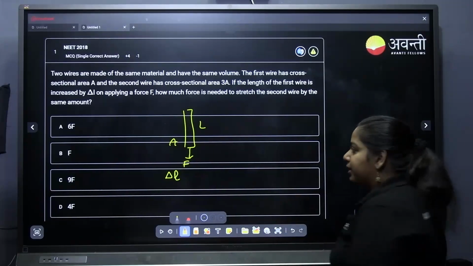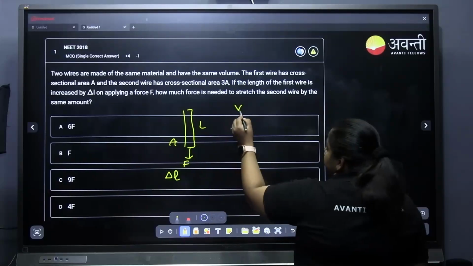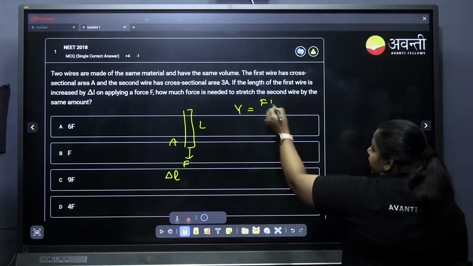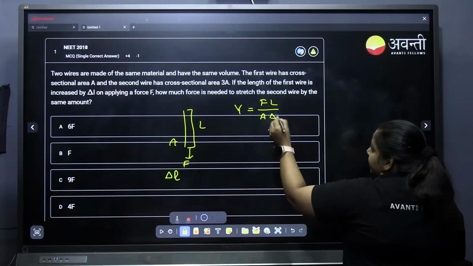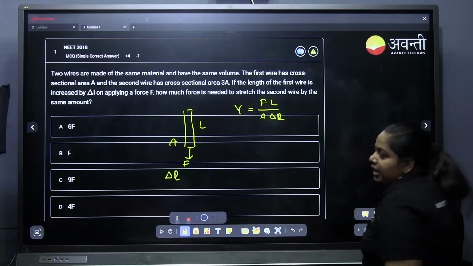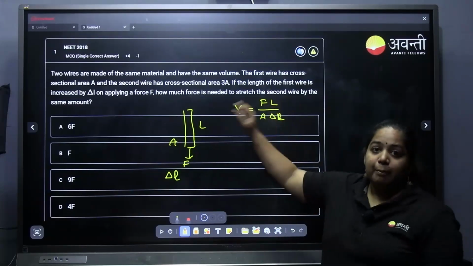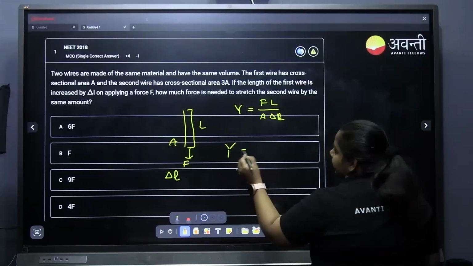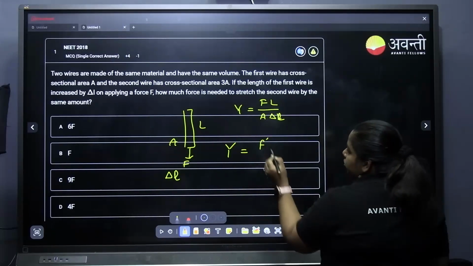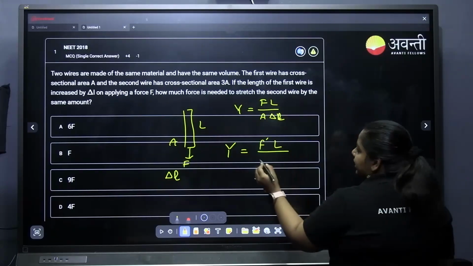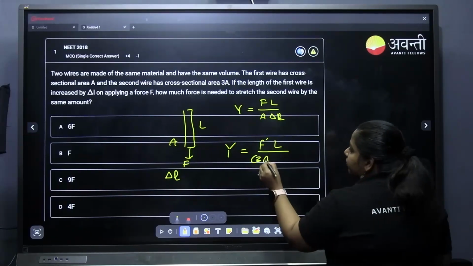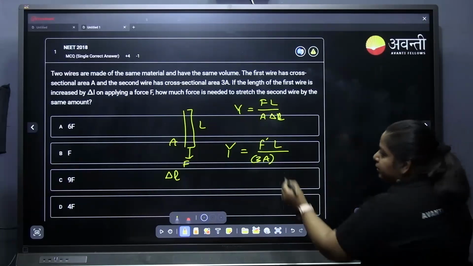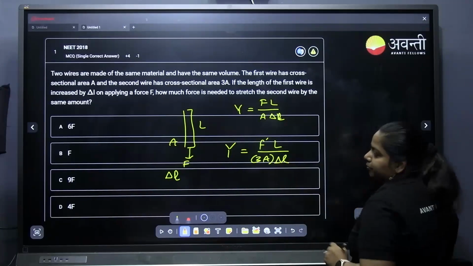Both are made of the same material, which means Young's modulus is the same for both. So in this case, Young's modulus is equal to FL by A delta L. We have to find the force applied in the second one. There also Y is the same, some new force is there, initial length L, area equal to 3A, and we have to create the same elongation, which means delta L is the same.